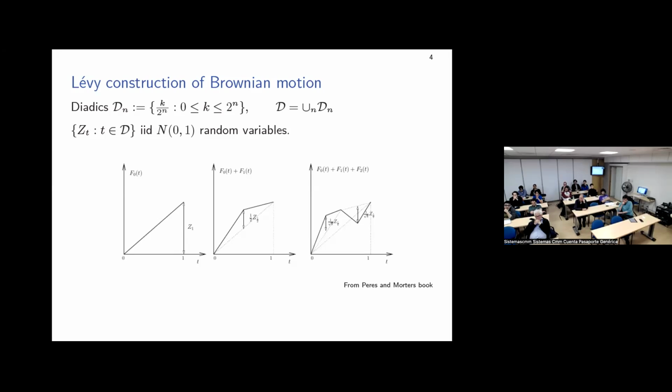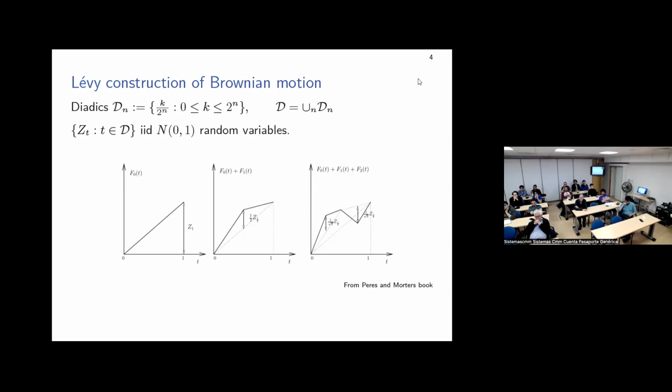The first one is simple. You take your first variable, Z_1, and then you take the interpolation between (0,0) and (1,Z_1). This is your first function. Then your second function is you take 1/2 of Z_{1/2}. Then you have the sum of the first and the second function, and for the third function you take the dyadics 1/4 and 3/4.